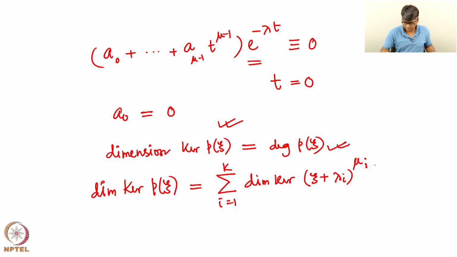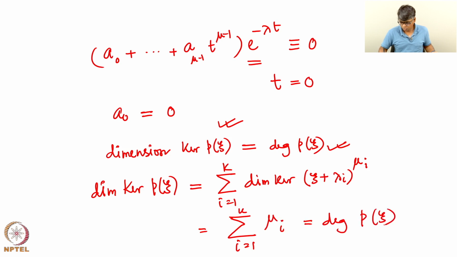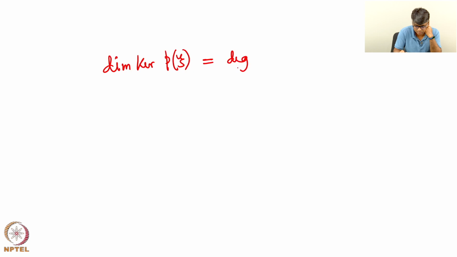This already says that each is equal to mu i. So this is the sum of mu i, i from 1 to k, which is equal to the degree of p(xi). So what we have established is that the dimension of the kernel of p(xi) is equal to the degree of p(xi).